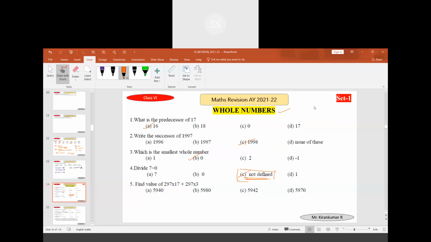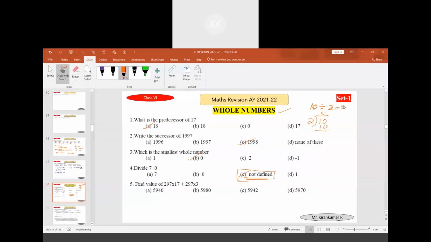What is the meaning of 10 divided by 2? 2 divides 10 five times, so the quotient we get is 5.